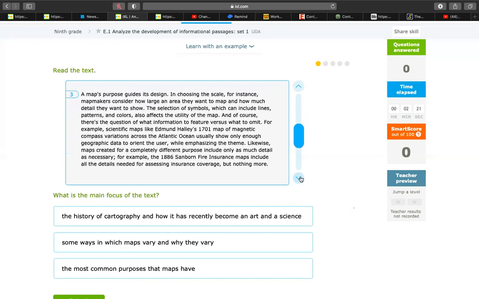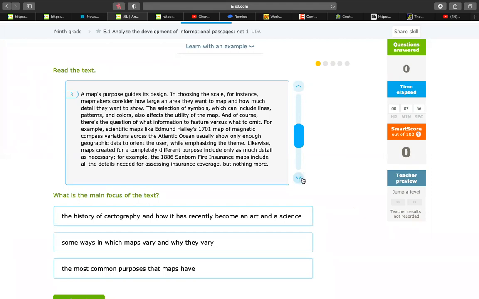A map's purpose guides its design in choosing the scale. For instance, mapmakers consider how large an area they want to map and how much detail they want to show. The selection of symbols, which can include lines, patterns, and colors, also affects the utility of the map. And of course, there's the question of what information or features to include versus what to omit.